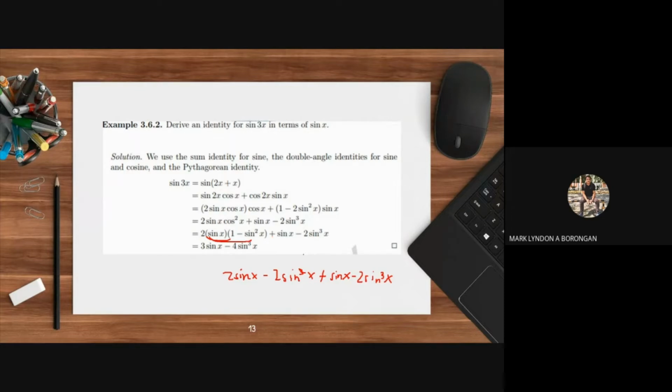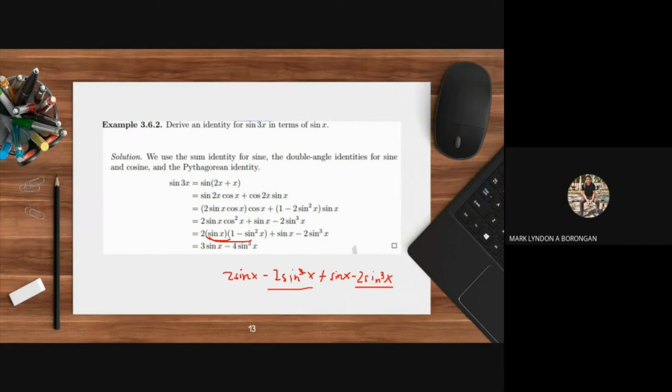Now, to simplify, it's simple addition. We will just combine the like terms, which are those with the same exponents.